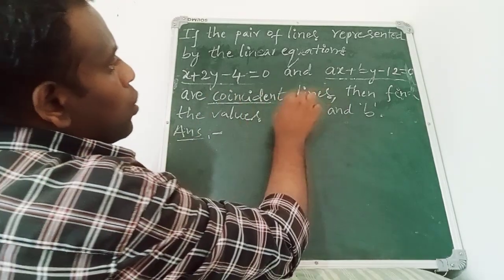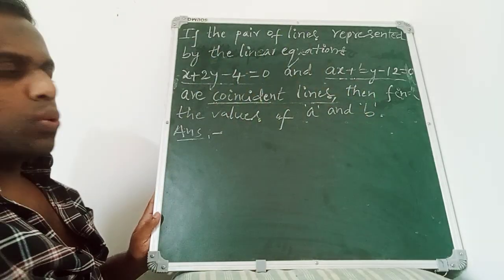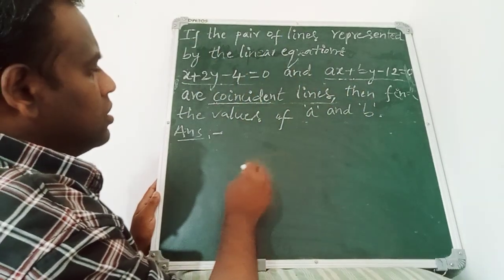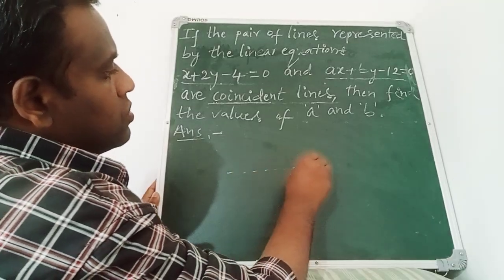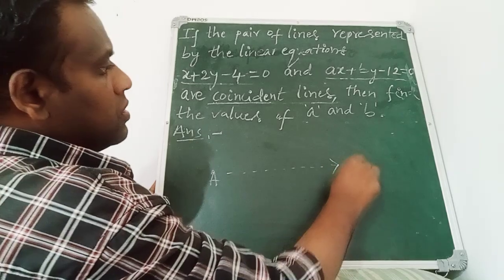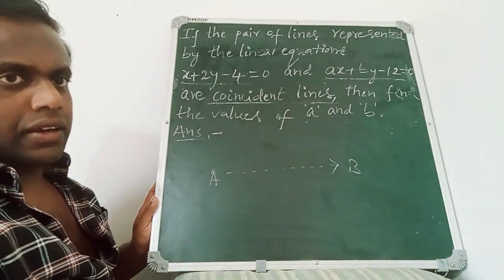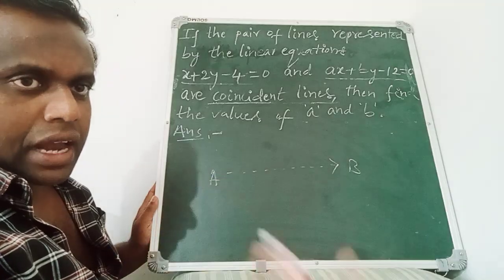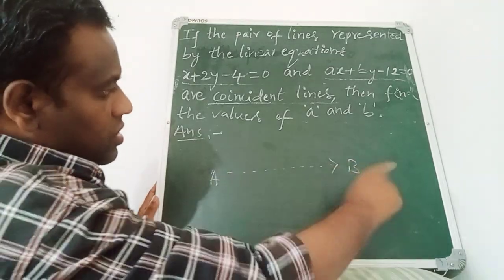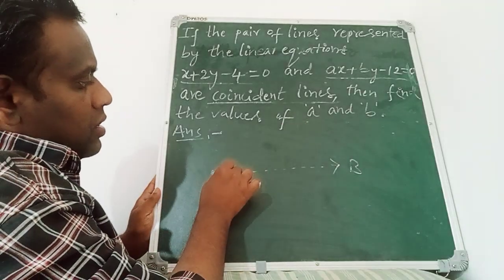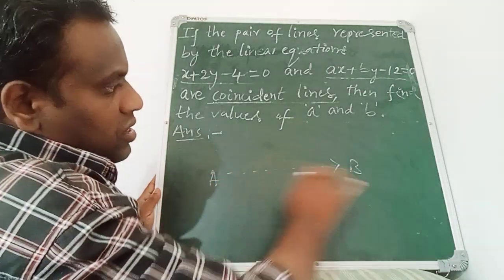They are telling coincident lines. Coincident means one line falls on the other. For example, this is one line, I will say AB. When I say coincident lines, the other line should fall on this, exactly like this. I am going to draw another line that exactly falls on this.